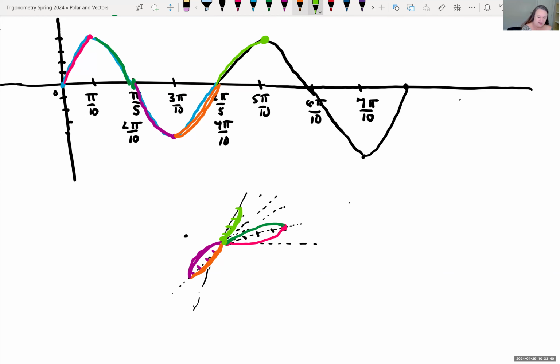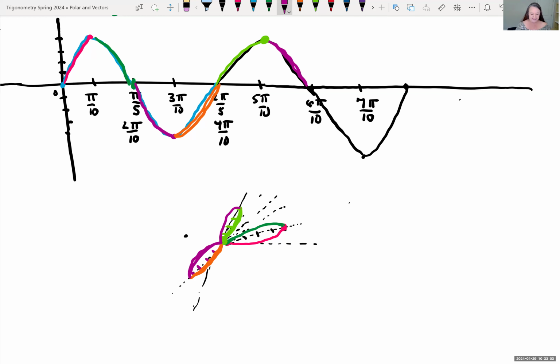And then we're going to be decreasing, but we're still positive, so we're still staying there. And then at 6 pi/10, we're hitting this point right in here. So all my petals should be the same size. This is where having the paper would have helped me.